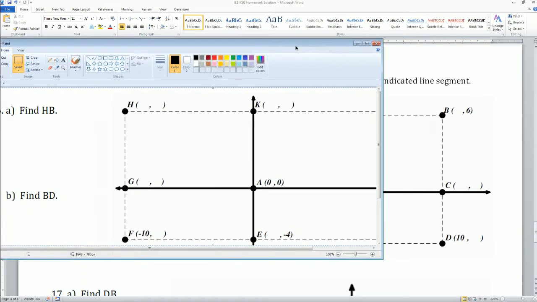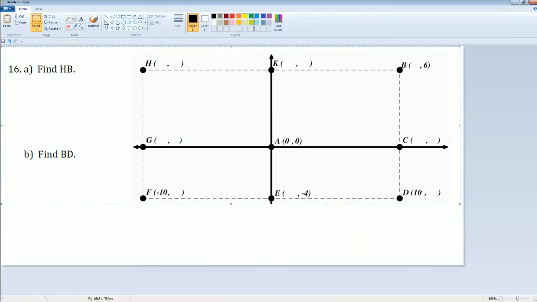Alright, so, okay, let's take a look here. The first one, we notice that the y-axis here is -4. So this distance here would be the value, because you see how it's a 4 here.